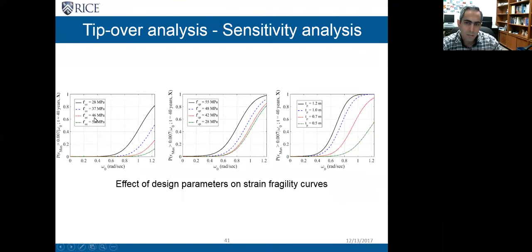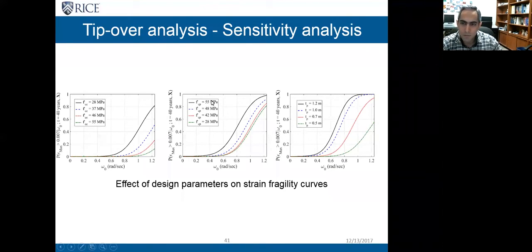Looking at the compressive strength of the overpack, we see that for a stronger concrete in the overpack, smaller failure probabilities result. But when we look at the pad, any variable or any changes which make the pad stiffer apply more forces, or stronger forces, to the cask, which leads to an increase in the probability of failure.